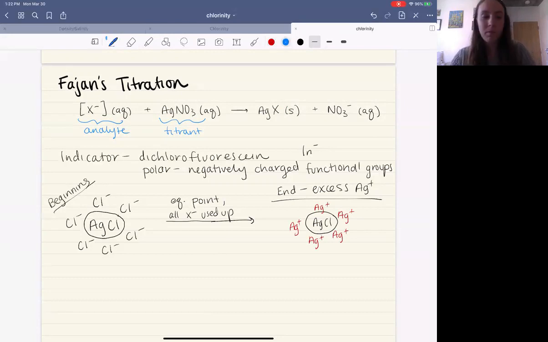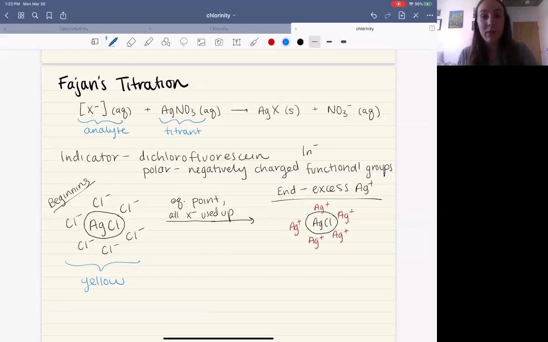Now, also, at the beginning here, your indicator is yellow. The indicator has nothing to attach to. You know, it's negatively charged. All those chlorides are also negatively charged. There's nothing really going on there, and it looks yellow.